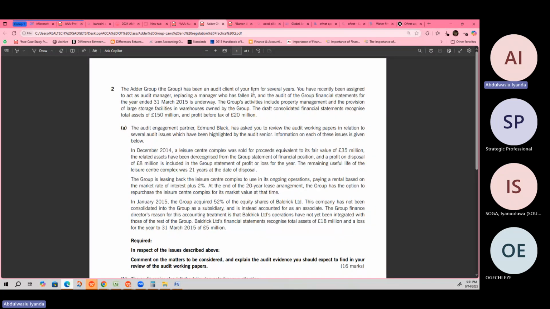The group has been the auditor of your client for several years. You have been assigned to act as audit manager, replacing the manager who fell ill.